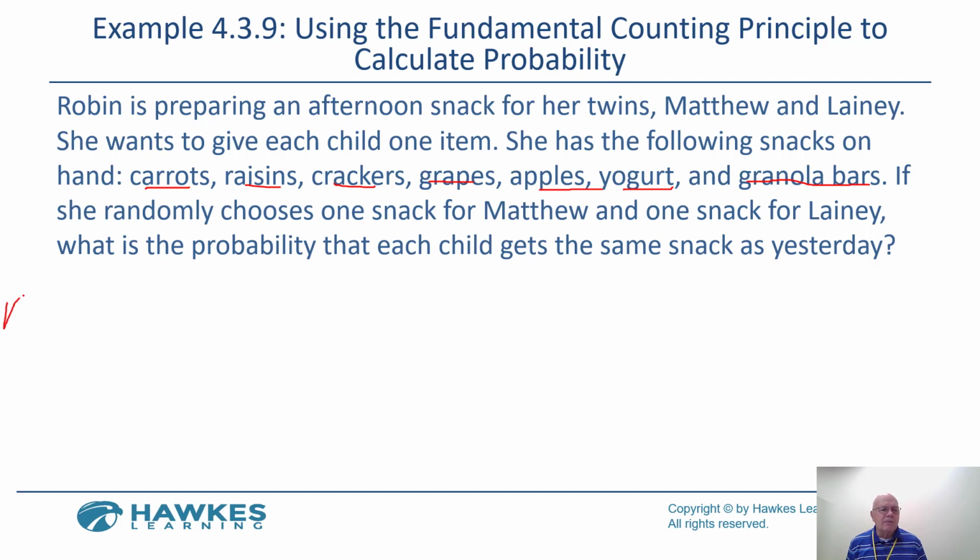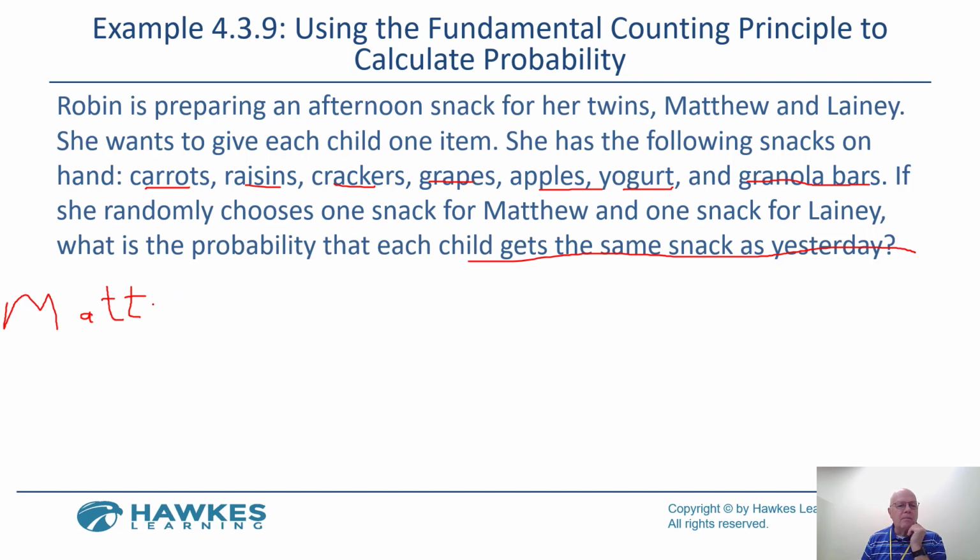Let's take Matthew. We'll shorten his name to Matt. If he had one of those snacks yesterday, how many snacks do we have to choose from for today? We want the probability that each child gets the same snack as yesterday.